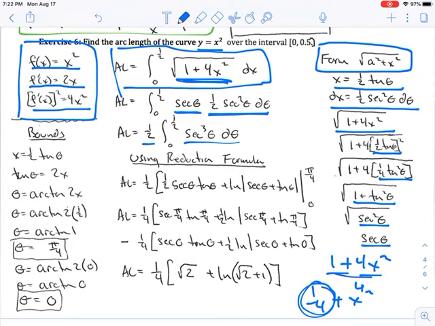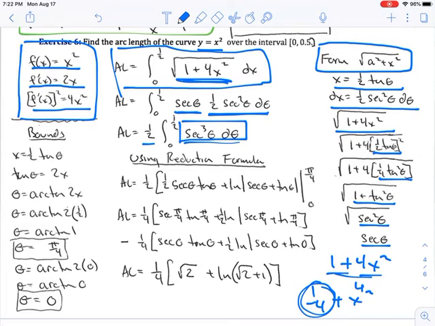Well, you may remember from another previous section, when we were doing reduction formulas, we used secant cubed. Actually, I think we did secant cubed a couple different ways, but we're going to use a reduction formula.